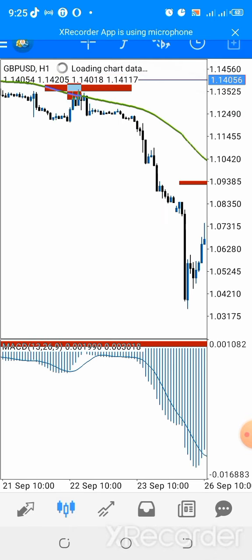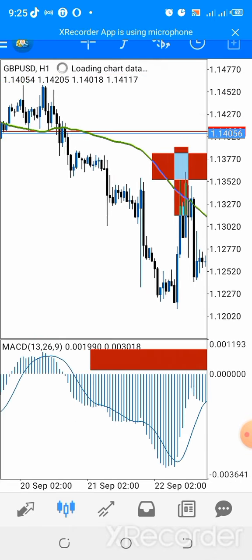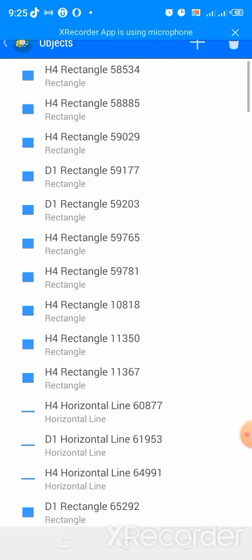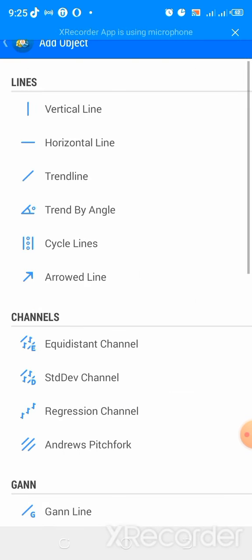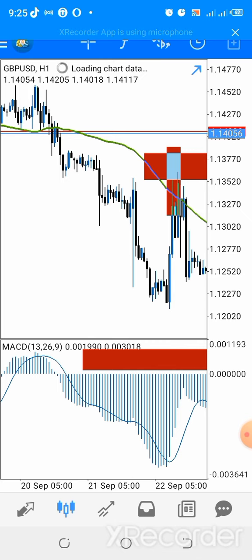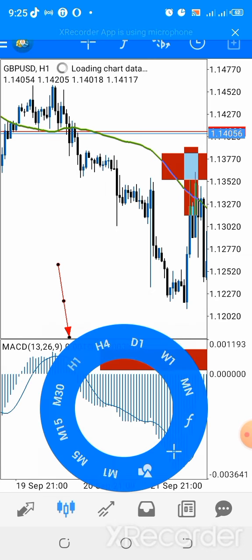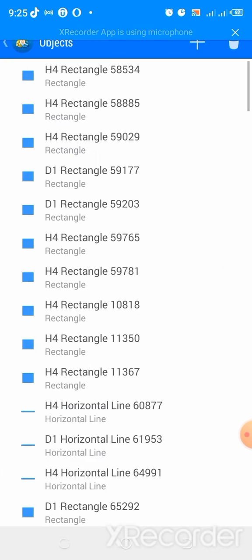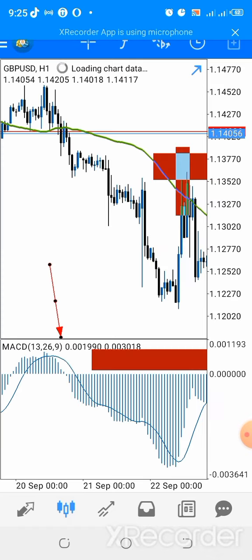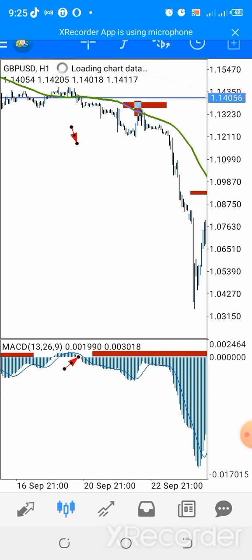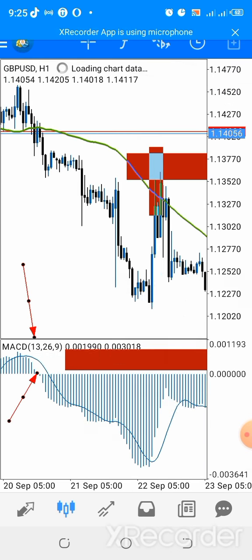This is it. Price had been trending. Price had crossed here on the 20th of September. Price had crossed for a sell right here. And when it crossed for a sell, you have to drop this.